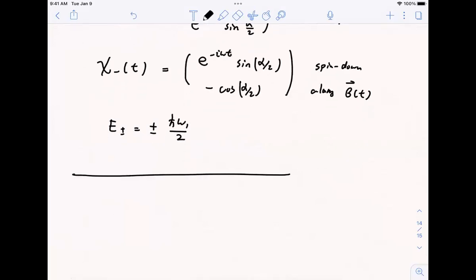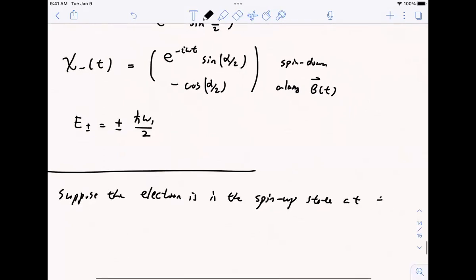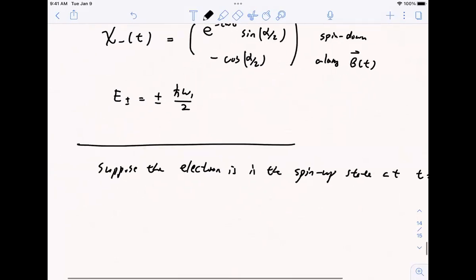Suppose the electron is in the spin up state at t equal to 0.